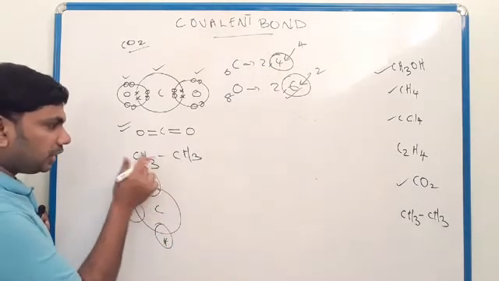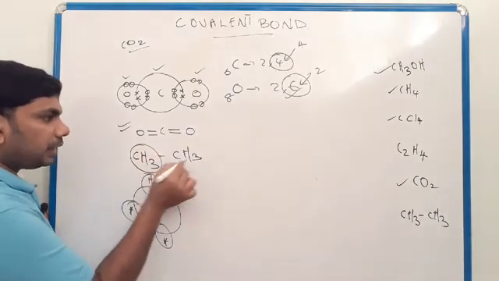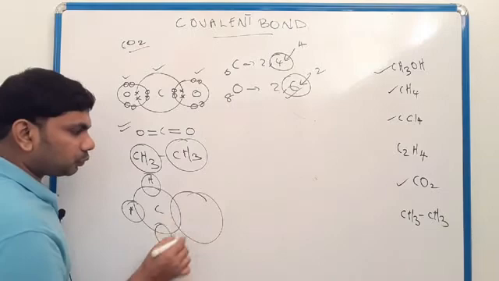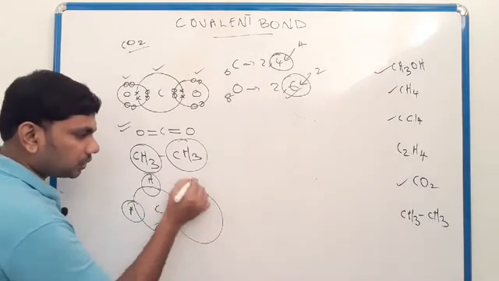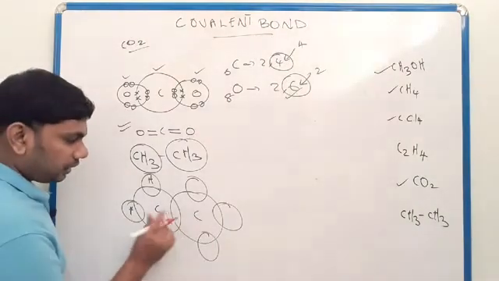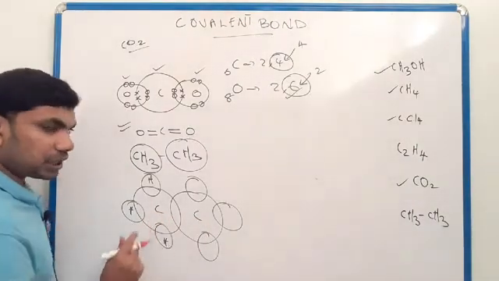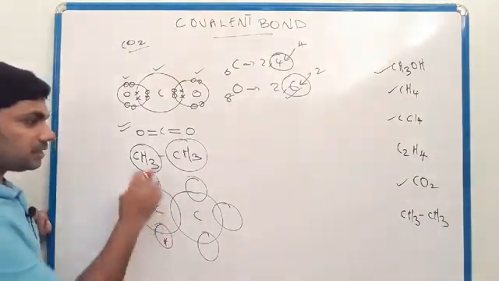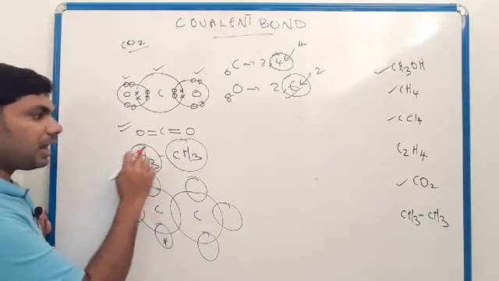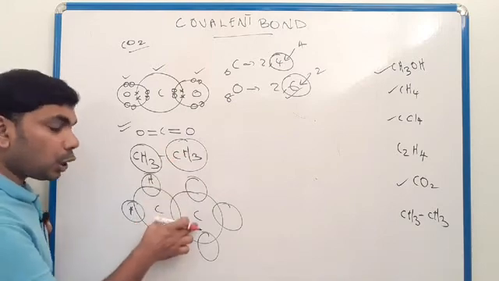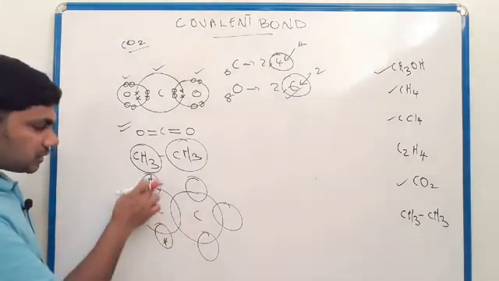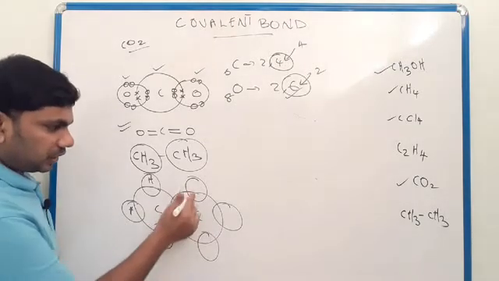This is CH3. I did this part. Again there is another CH3. Here 1 more carbon with 3 hydrogen. Here each carbon atom shares 1 pair of electrons. That is CH3 single bond. Single bond means this carbon and this carbon share 1 pair of electrons. Clear? So here CH3, CH3.